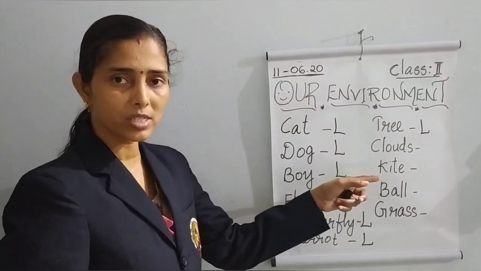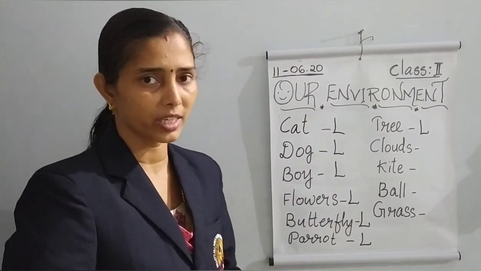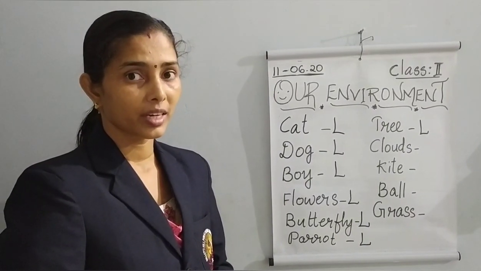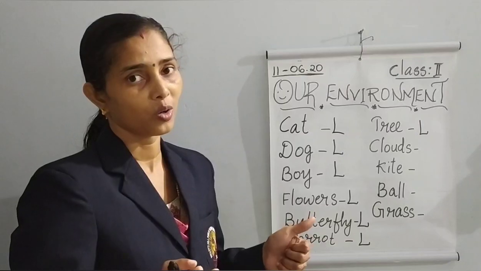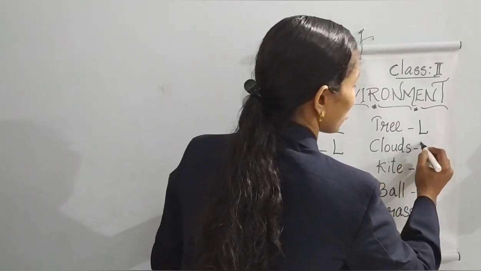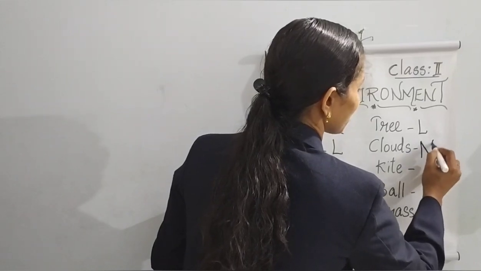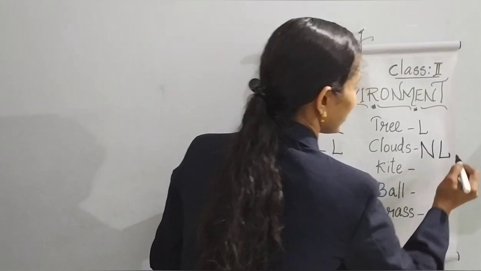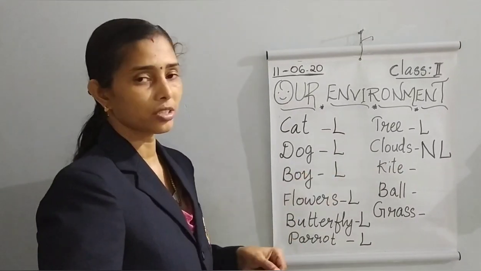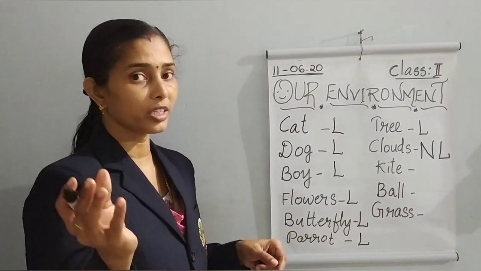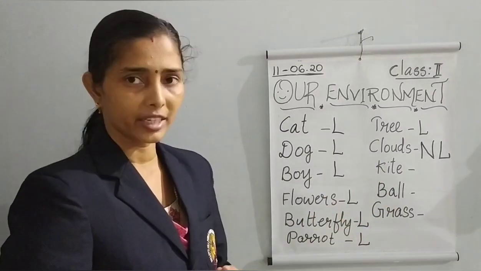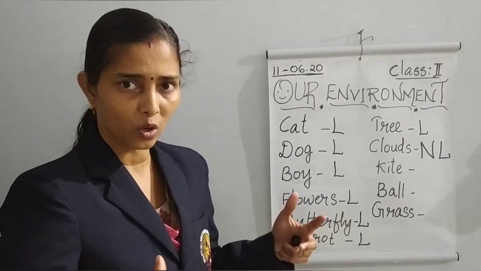What about clouds? Clouds are moving, you see that. But can it grow? Can it breathe? No. It can move only. So we can include clouds in non-living things. Then what about the kite? Kite is moving in the air. But can the kite breathe? Can the kite grow?